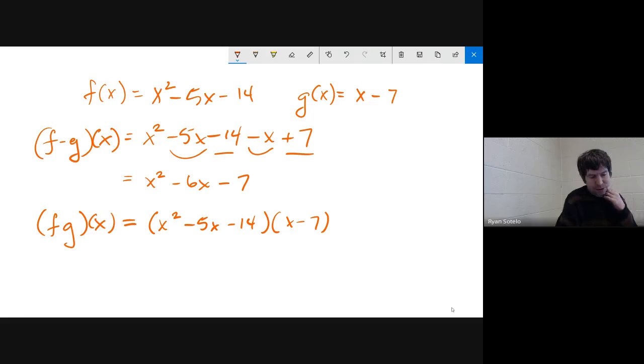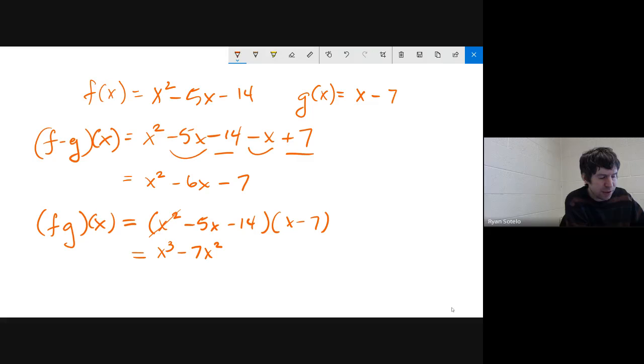Now, to multiply those out, you have 3 terms on the left and 2 terms on the right. So 3 times 2 is 6, and you should end up with 6 terms. You're basically going to take everything on the left and multiply it by everything on the right, for every term. So x squared times x makes x cubed. x squared times negative 7 makes negative 7x squared.